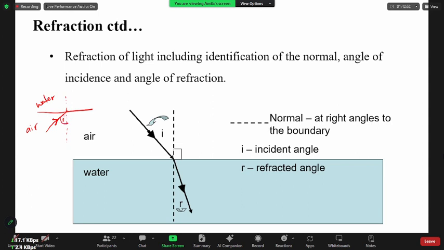Then the refracted ray will try to bend towards the normal because this is the more dense medium. So it will take some angle like this.